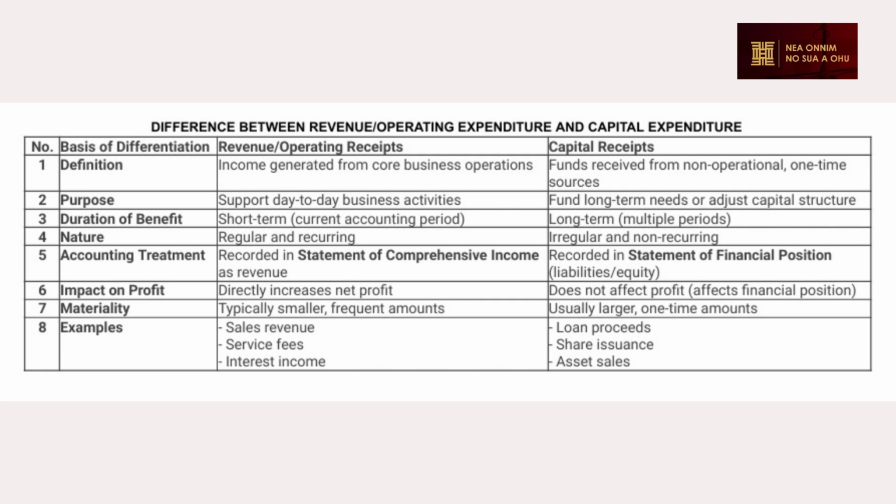And then finally, when it comes to the materiality, revenue operating receipts tend to be immaterial or small amounts that flow into the business. So for instance, if you make a sale to a single customer, you may sell for a value of, let's say, 2,000 Ghana cedis. Meanwhile, by the end of the year, your total revenue may be in the millions.